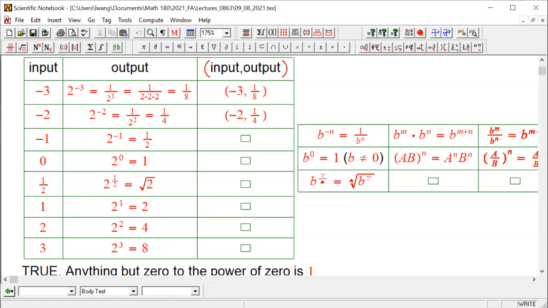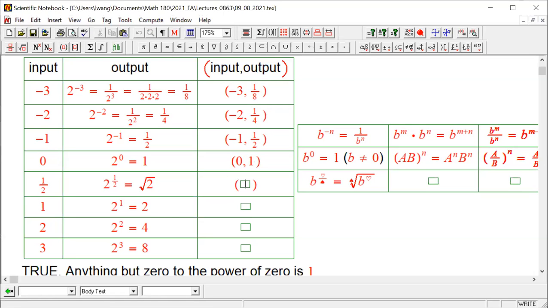Does everybody follow? Yes. Input is -1, output is half. Input is 0, output is 1.